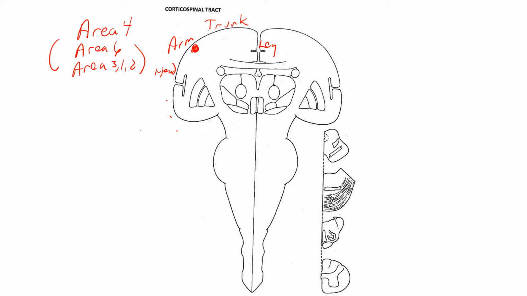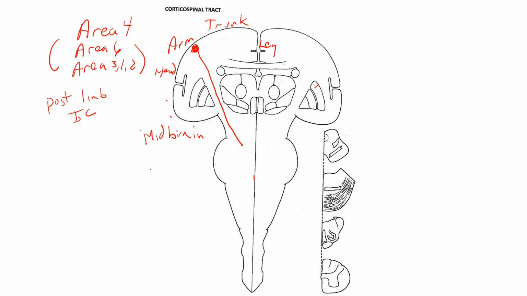But then these fibers are going to come down. And they're going to pass through the posterior limb of the internal capsule. From there, they will pass through, first of all, the midbrain.